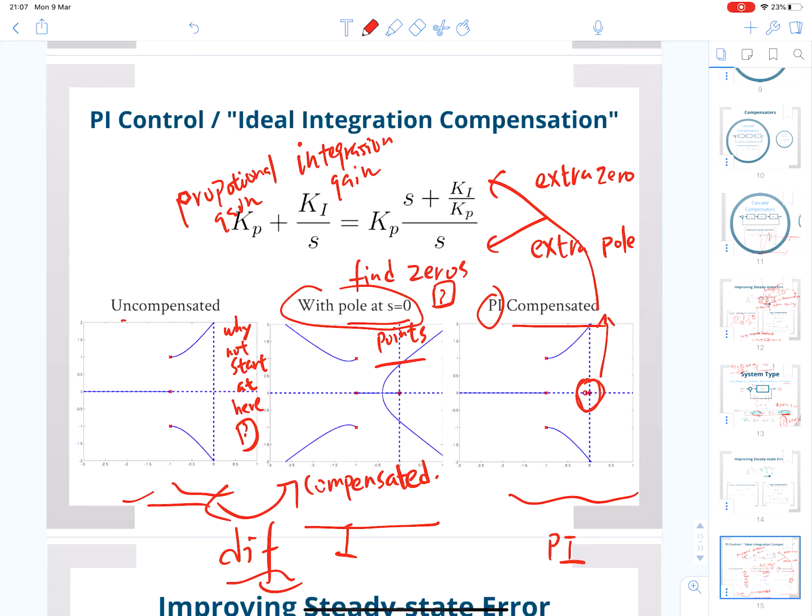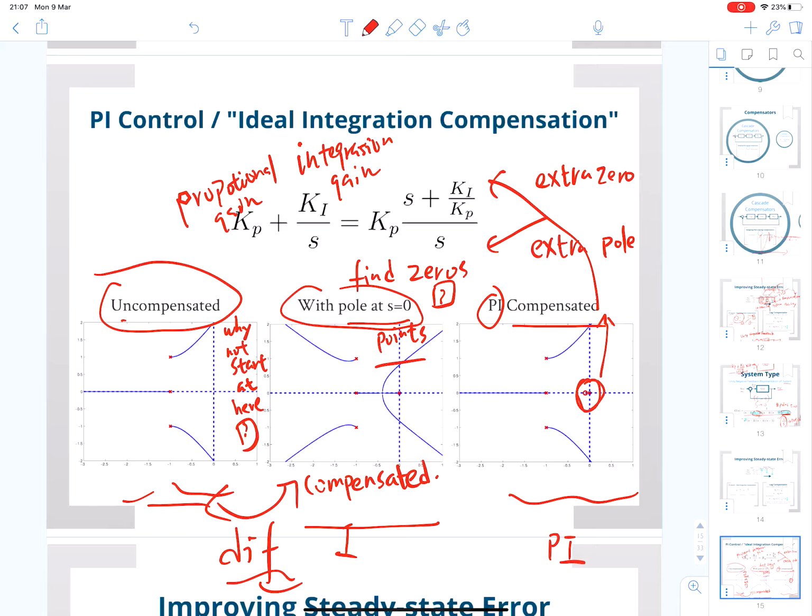So the thing is, what if the Kp is uncompensated? What if the Kp is uncompensated?